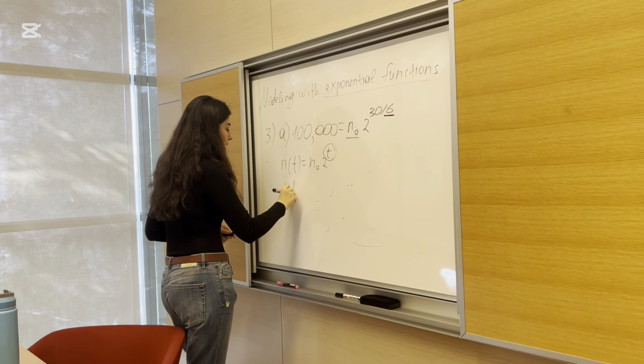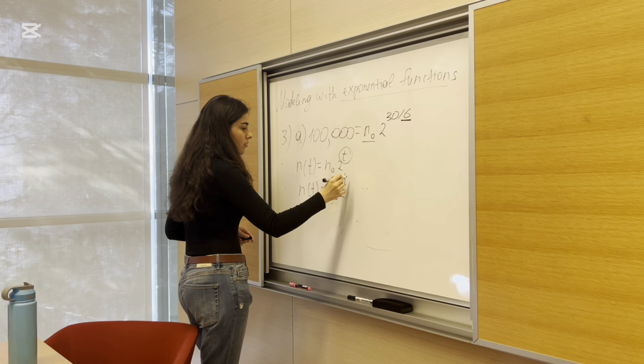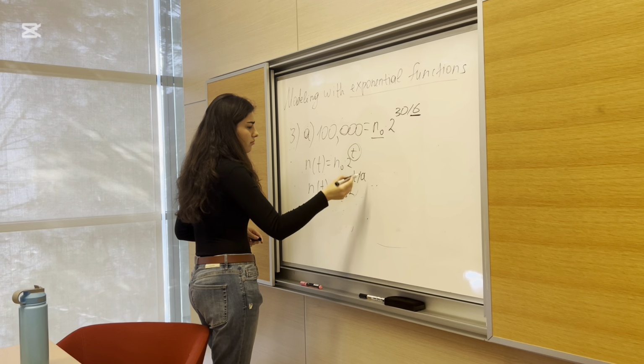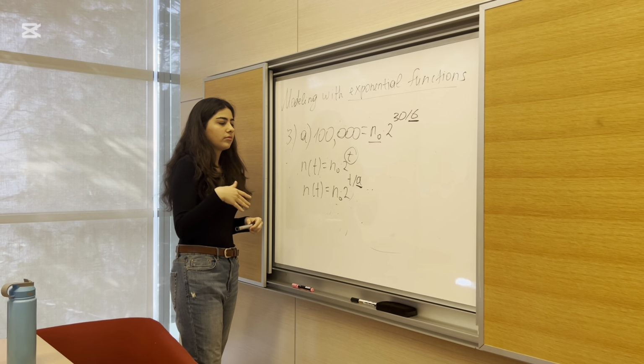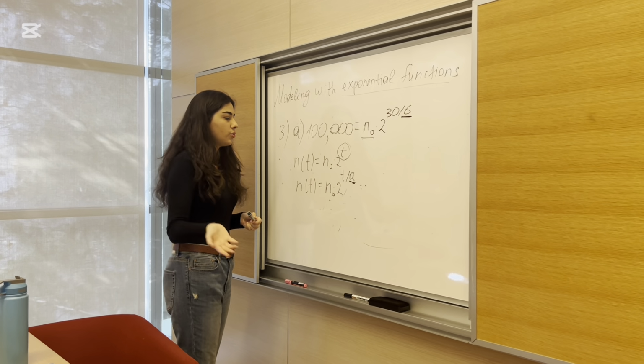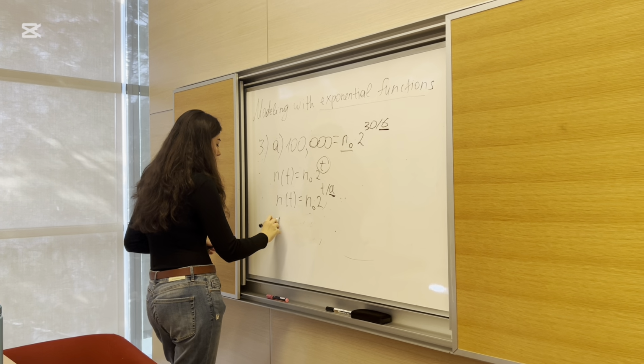We just write the same 2 to the power of t divided by n. It could be anything, like doubling every 3 hours or every 2 hours.